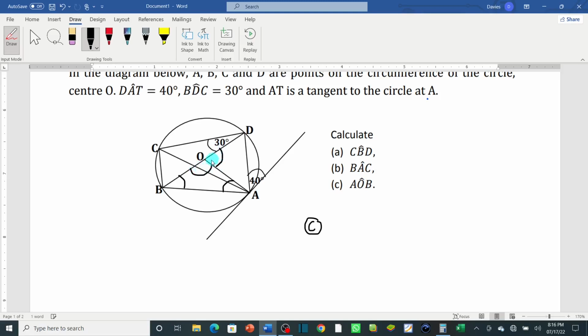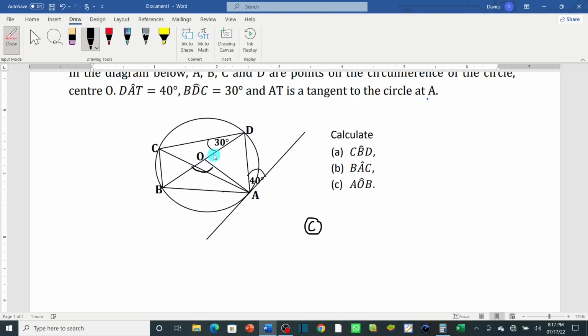I'll use two methods so that you are acquainted with both ways. I'll go with this method, first finding this angle. When I find this angle, then I'll say 180 minus this angle will give me this, because angles on a straight line add up to 180.